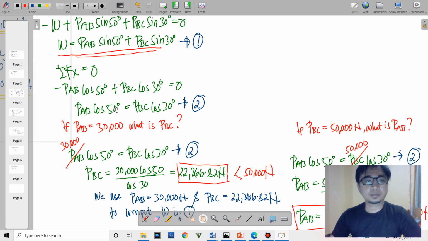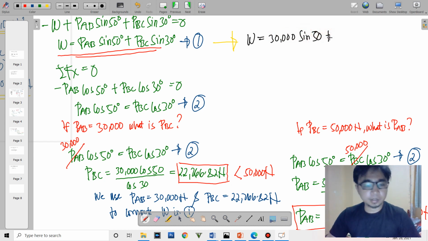Here we have W is equal to 30,000 times sine of 50 plus PBC, 22,266.82, times sine of 30 degrees.